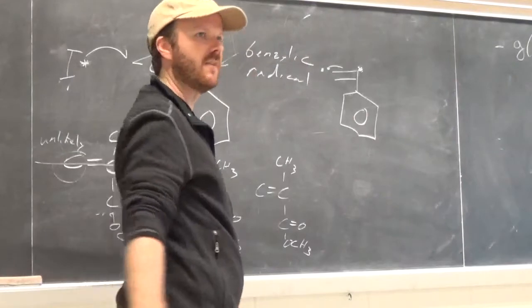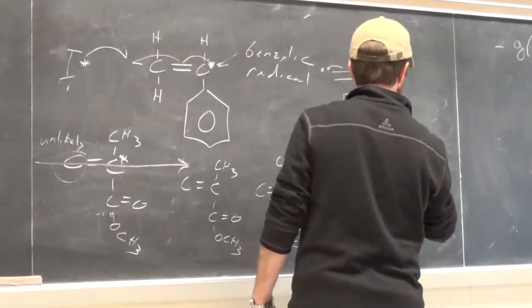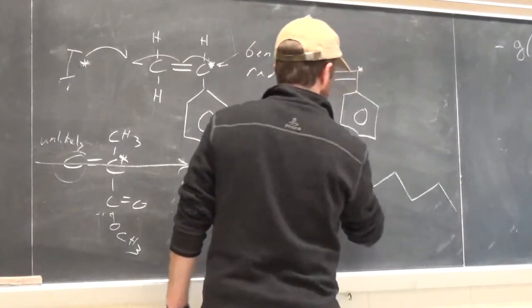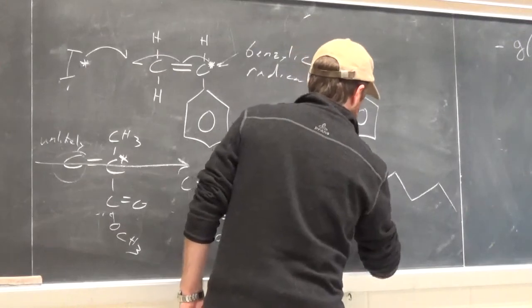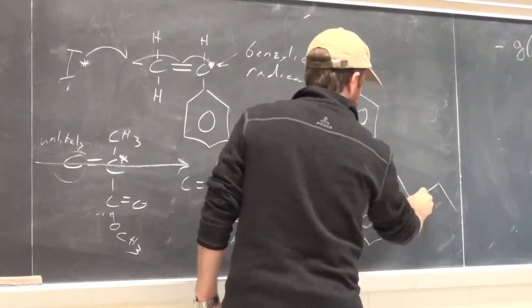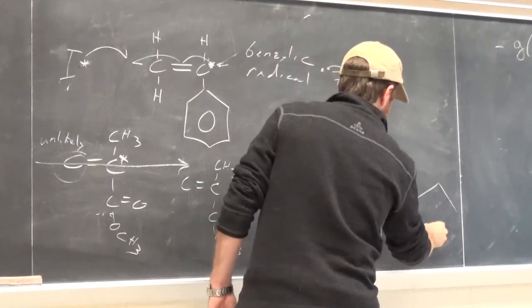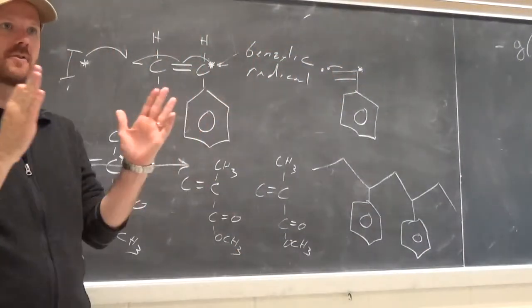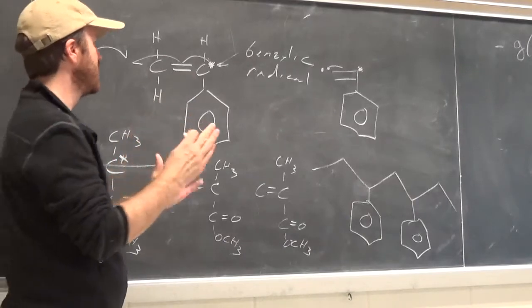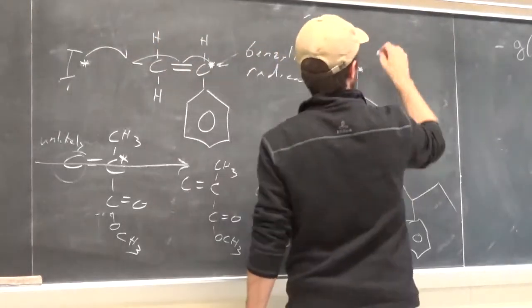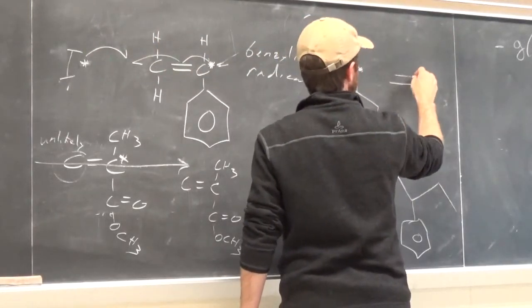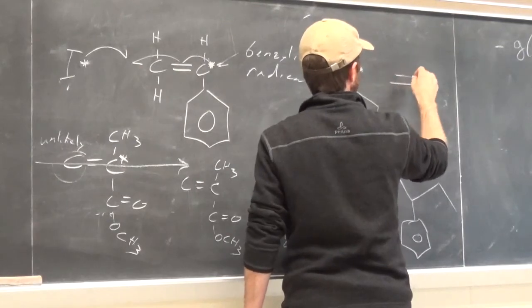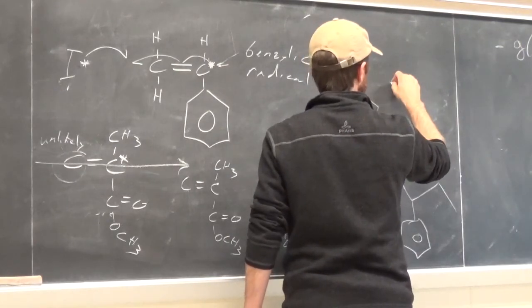This is why we often draw chains, say polystyrene, where the styrene or aromatic groups alternate every other carbon. We often don't get styrene groups on adjacent carbons because we don't get radicals propagating like this.